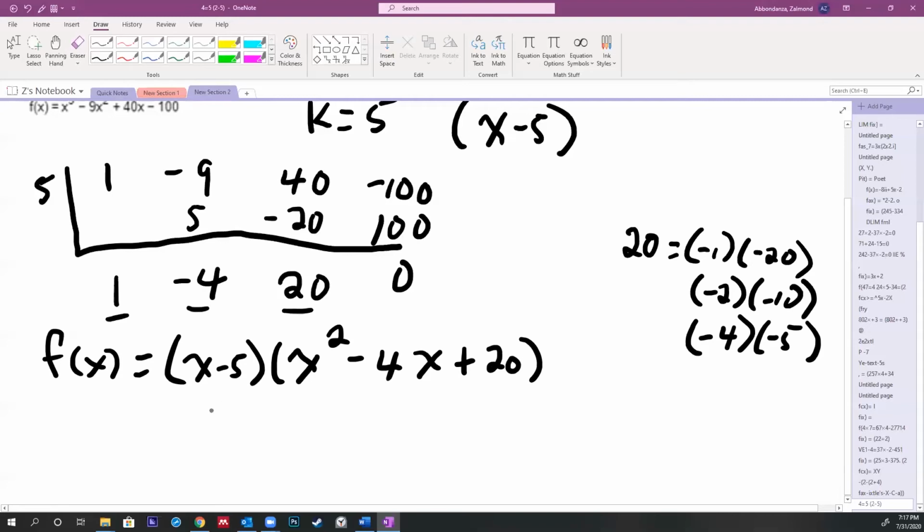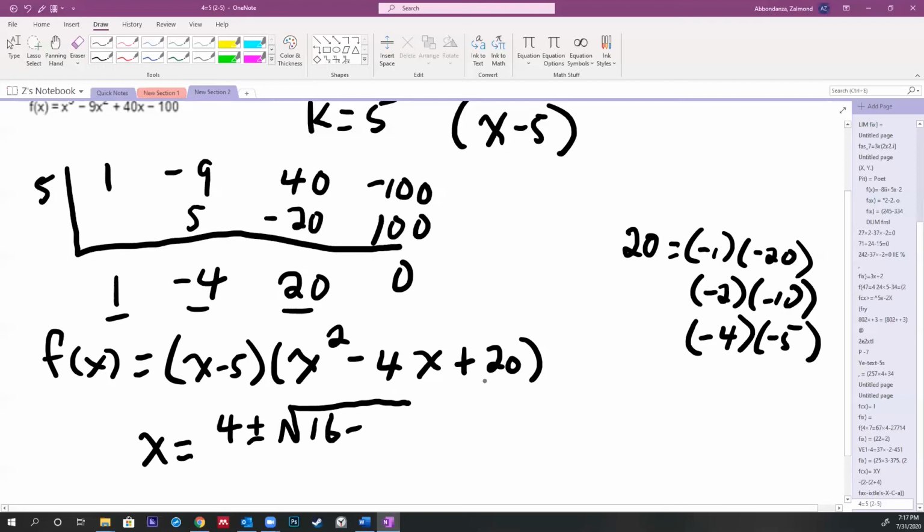One way to do this is to use the quadratic formula and figure out what the roots are here. So we have -b, and our b here is -4, so -b is 4, plus or minus the square root of b squared, which is -4 squared, or 16, minus 4 times a times c, 4 times 1 times 20.